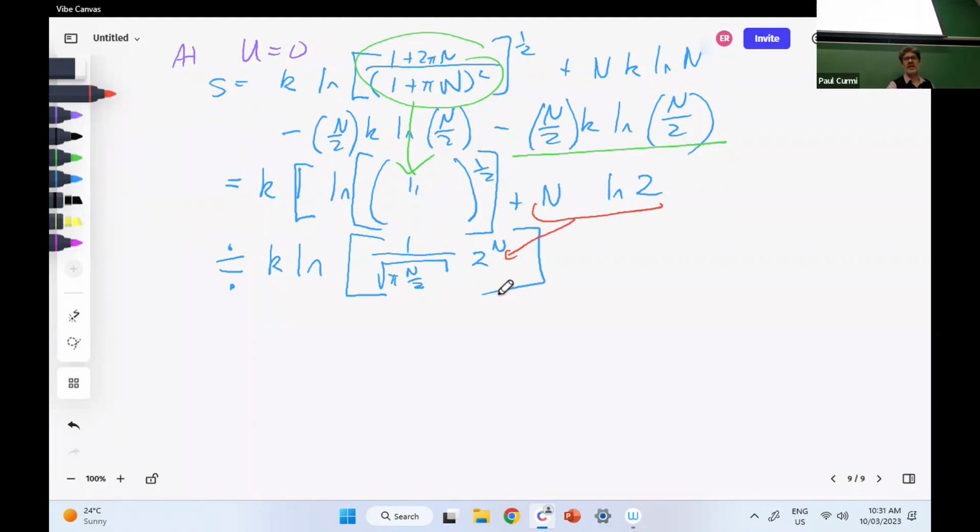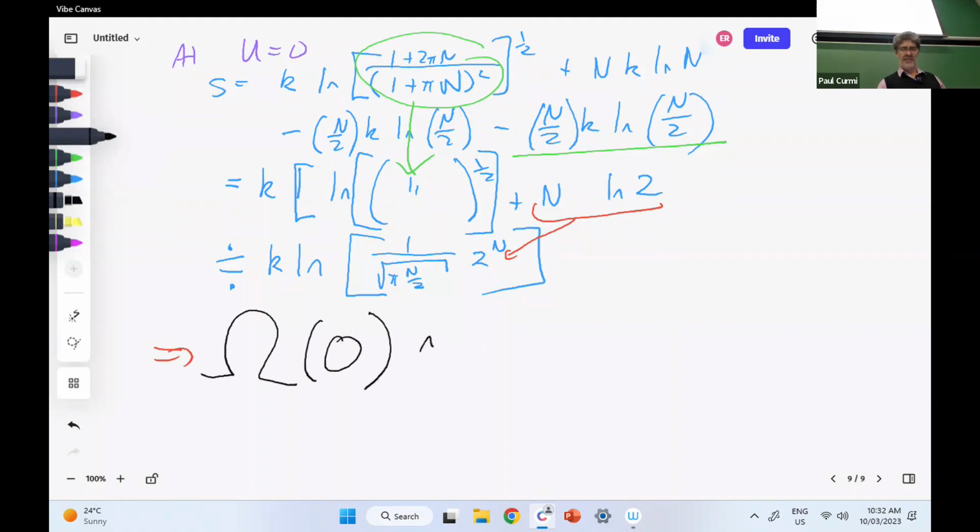Basically, I convert that to 2 to the power of n, and since I'm adding 2 logarithms, I multiply and put it inside. So this gives me that the number of microstates at energy equals 0 is of the order of 1 over square root of pi n on 2, to the power of n. Okay, that's what I want to get from that.